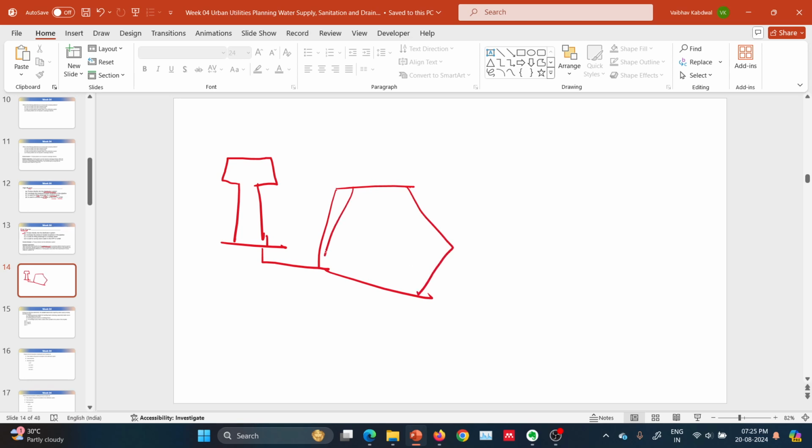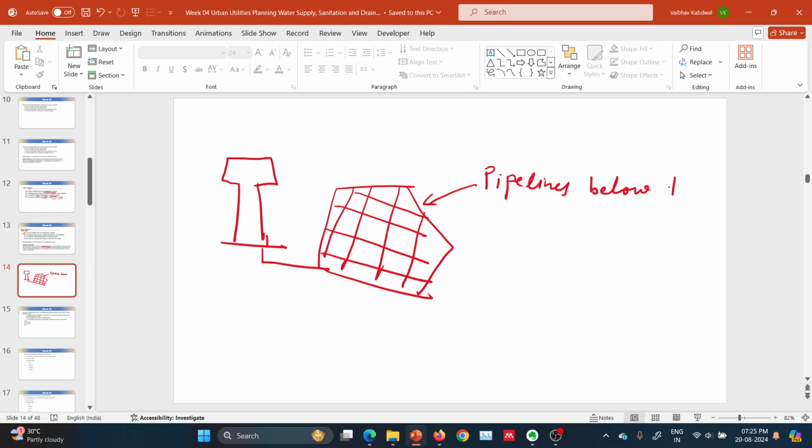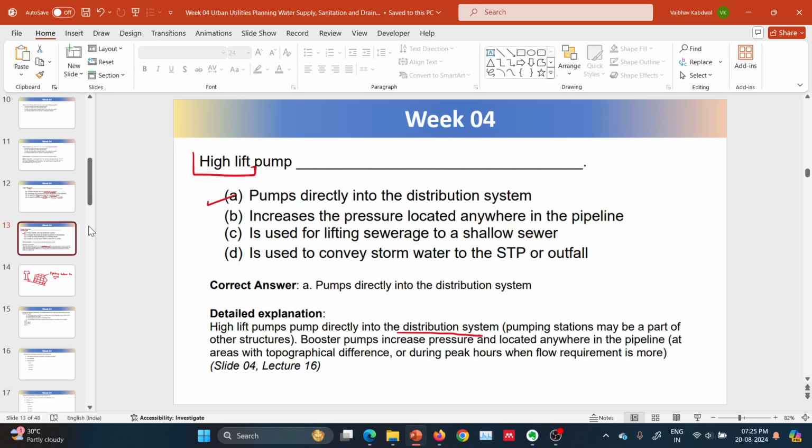Suppose this is the city. So you can see in the roads, these are the pipelines below the road. Pipelines below the road. So for that, high lift pumps are required.